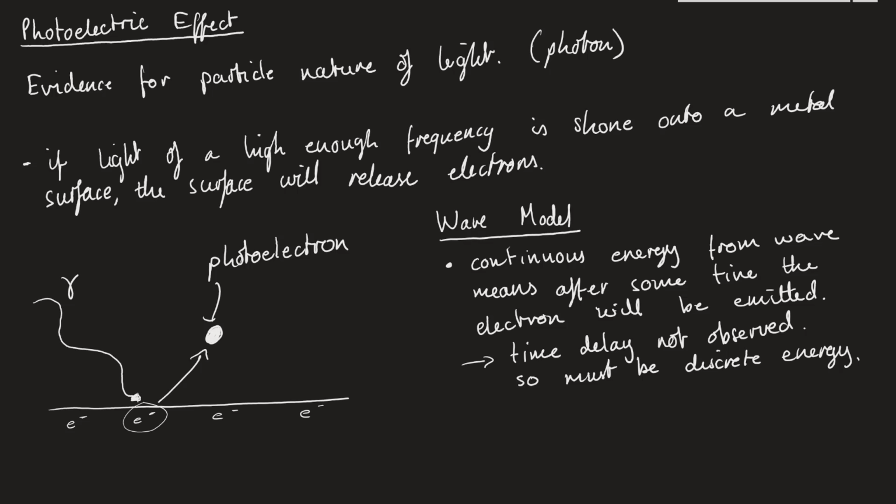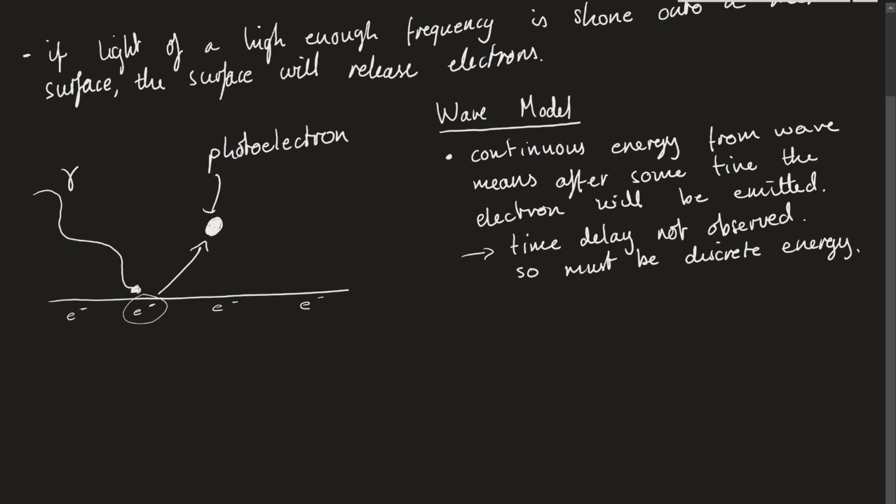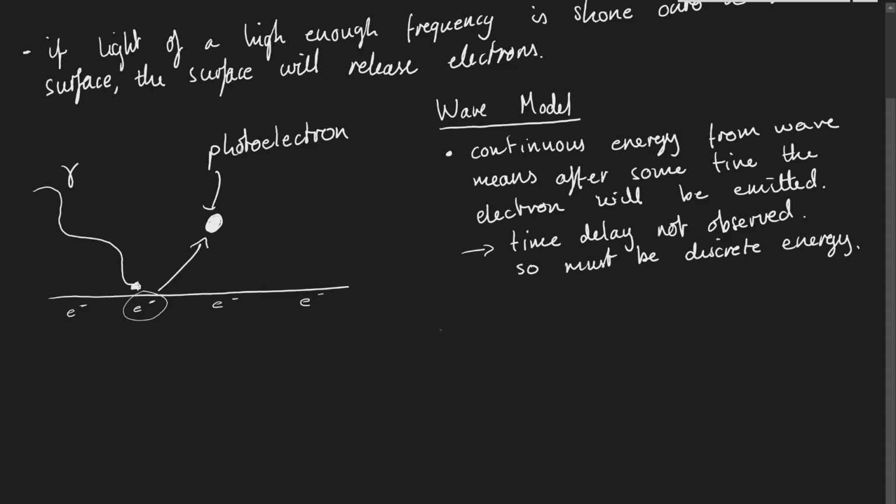Okay, so let's just scroll up a bit so I have a little bit of space. So if the intensity of light is increased, what this means is that we emit more photons.